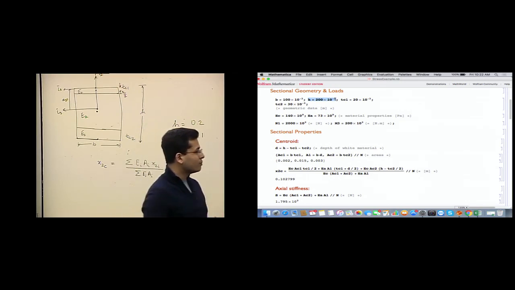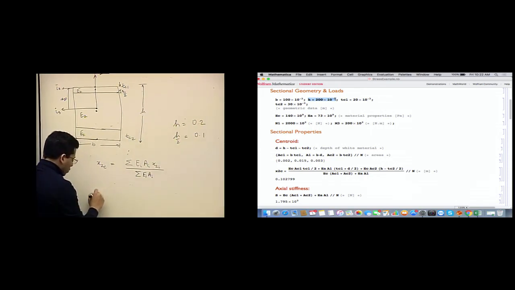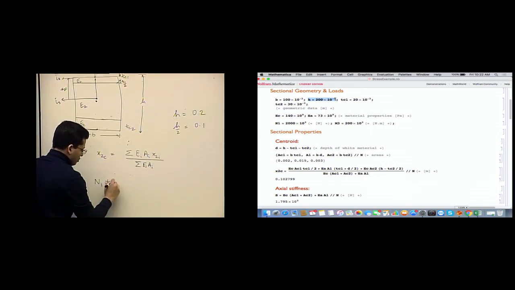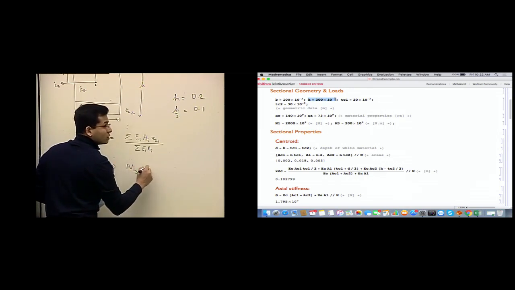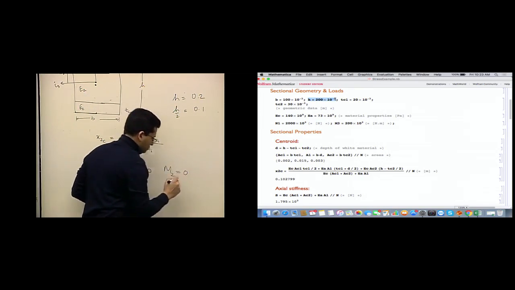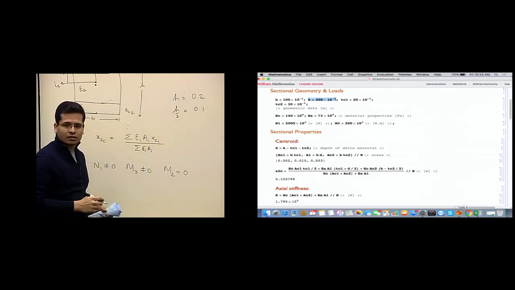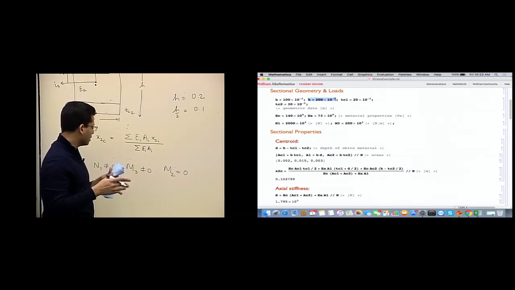Okay, so now we have N1, which is non-zero. We have M3, which is non-zero, but we have M2, which is 0. Okay, and we know that there is an axis of symmetry, and we are calculating everything in the centroidal reference frame.